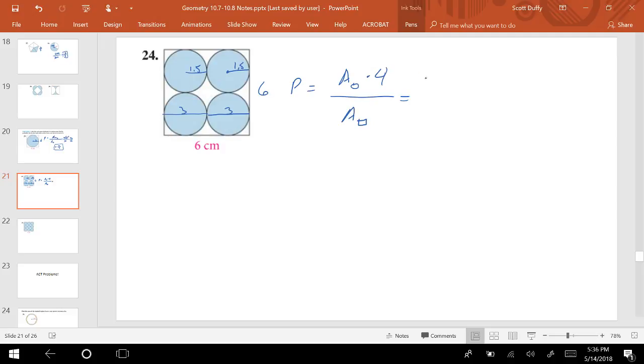Now, the area of one of those circles is pi times the radius of 1.5 squared times 4, divided by the area of the box, which is 6 times 6, which is 36. 1.5 squared times 4 is 9. So we have 9 pi over 36. 9 over 36 simplifies to be 1/4, or 1 pi over 4, which is pi over 4.